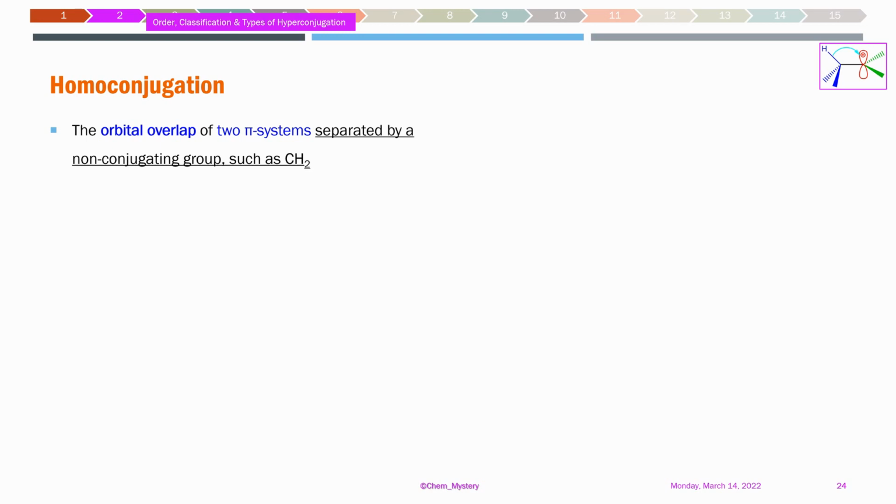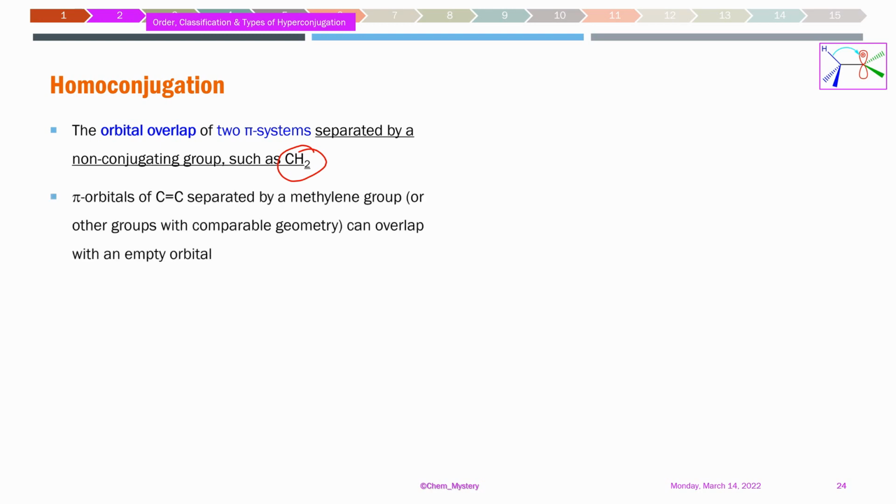So in comparison to this situation, we have C double bond C, there is one carbon, and this extra CH2 group comes in, another carbon is there, and then there is one carbon which can have some empty orbital. Now, if the electrons present on the extreme left can be in conjugation with that, this is going to be the case of homoconjugation.